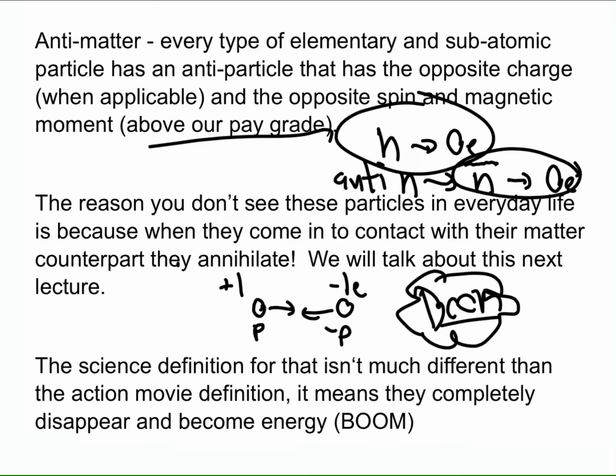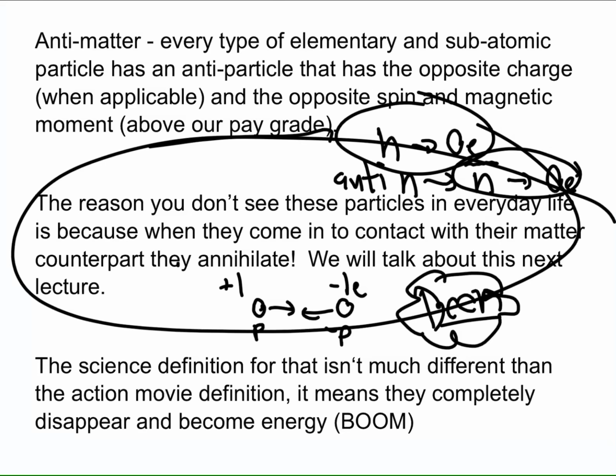The next topic, next Wednesday, is going to wrap everything up in a nice bow. It's going to talk about this in more detail, and it's going to talk about Einstein finally and his E equals mc squared. But long story short, very qualitative concept.